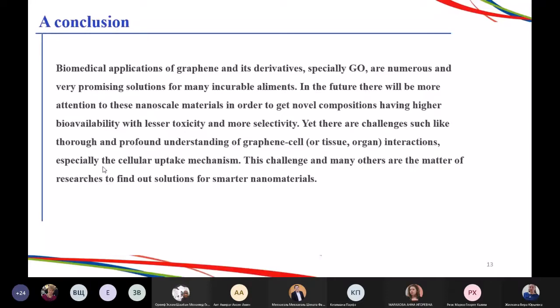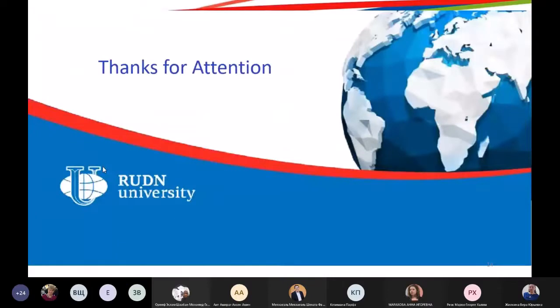Yet there are challenges such as a thorough and profound understanding of graphene-cell interactions, especially the cellular uptake mechanism. And this challenge and many others are the matter of researchers to find out solutions for smarter nanomaterials.